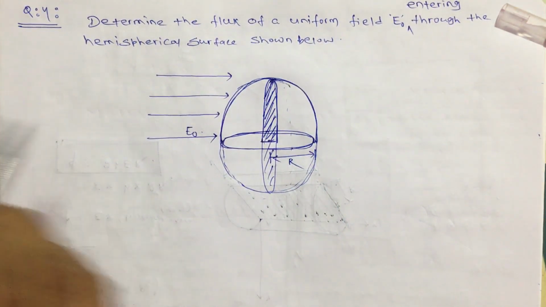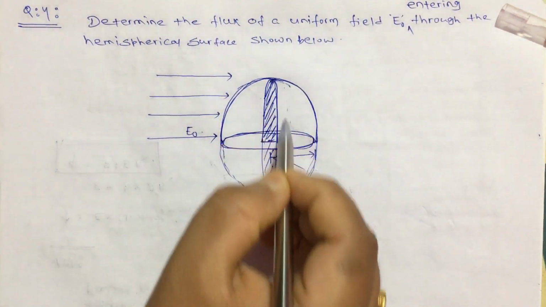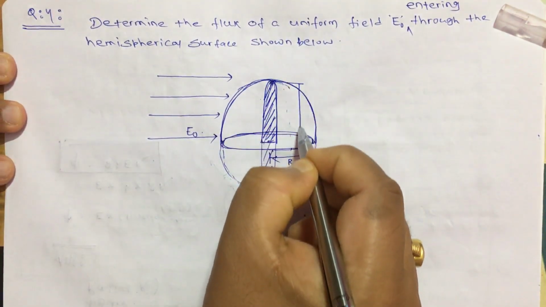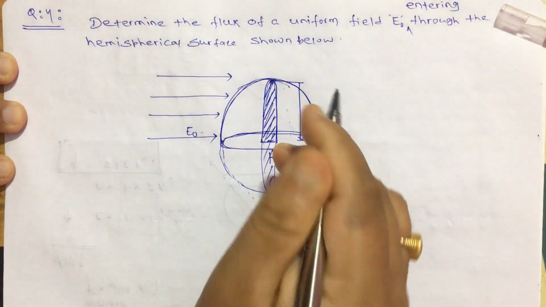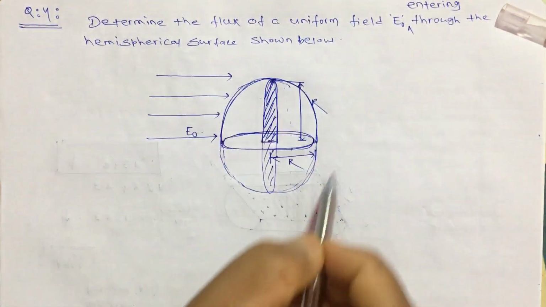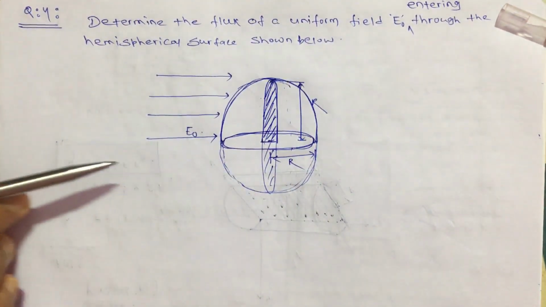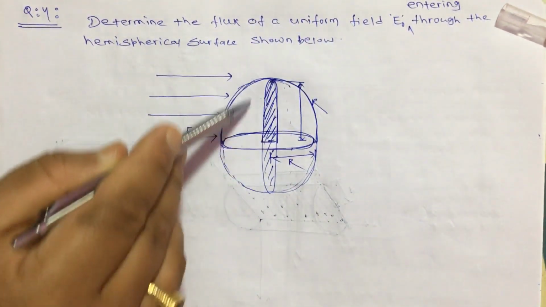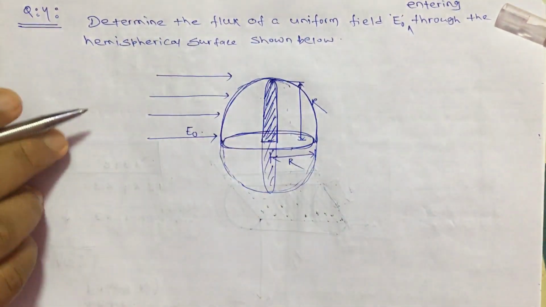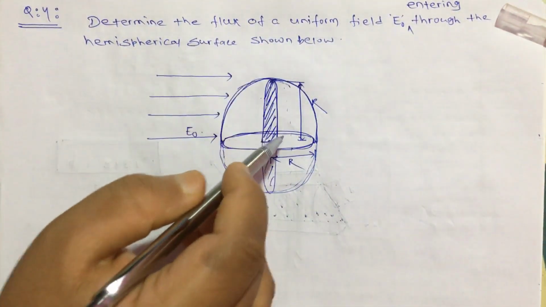If it was a complete sphere, it would look like a complete disc of radius r, because this is again going to be r, since it is a hemisphere. But if it is a hemisphere and you are looking from here, it will look like a half disc.